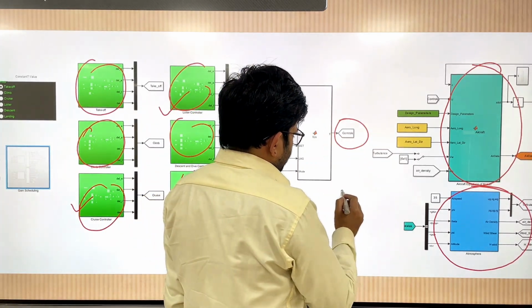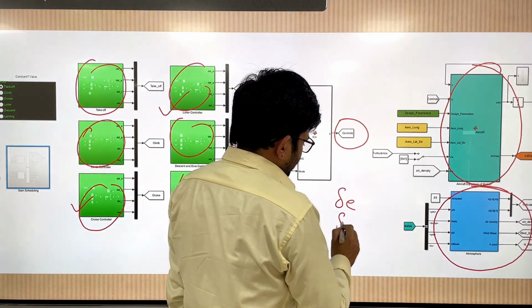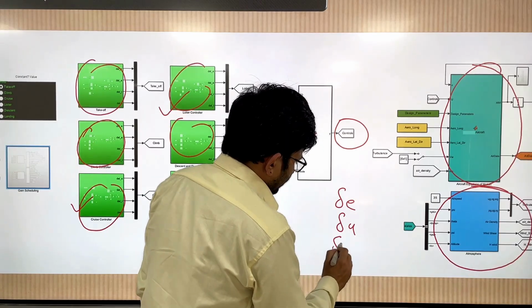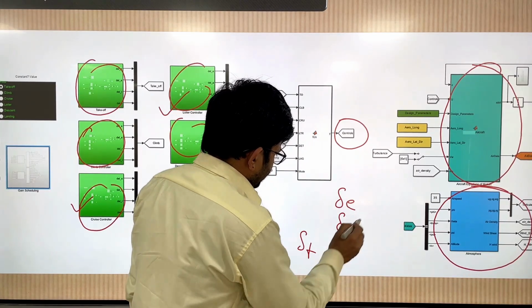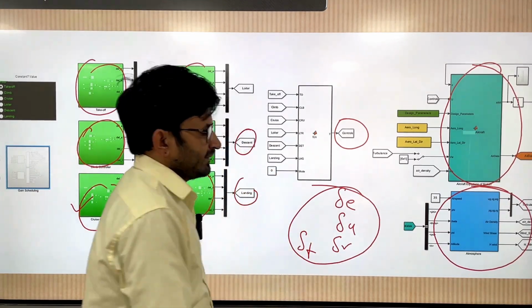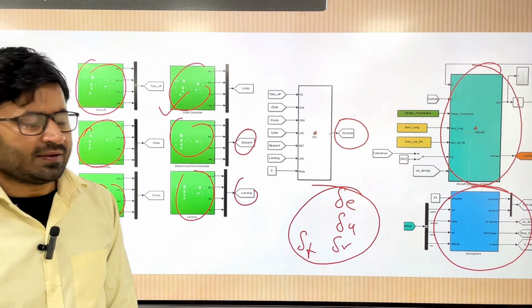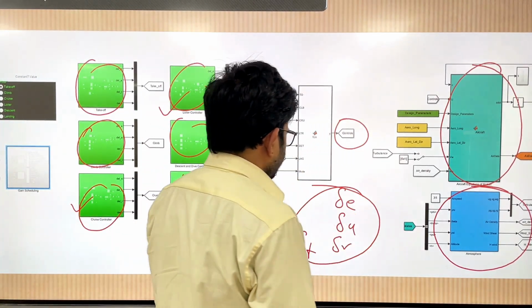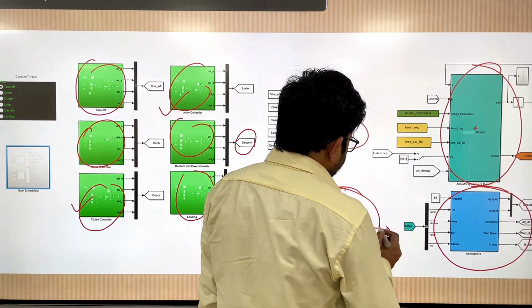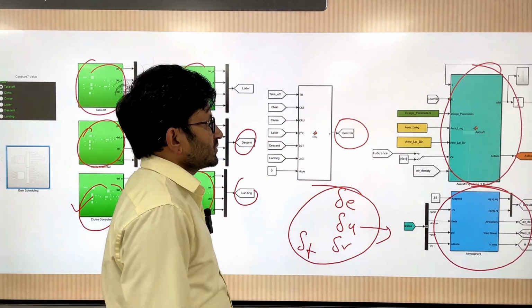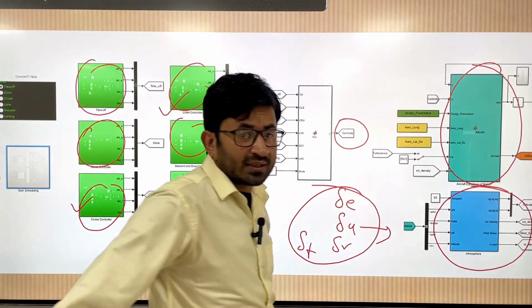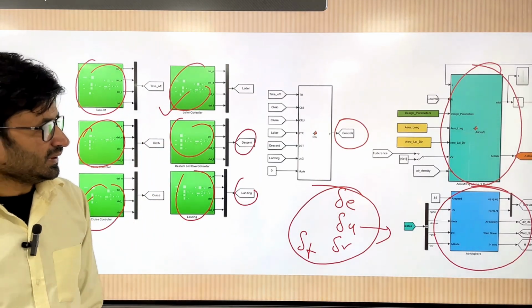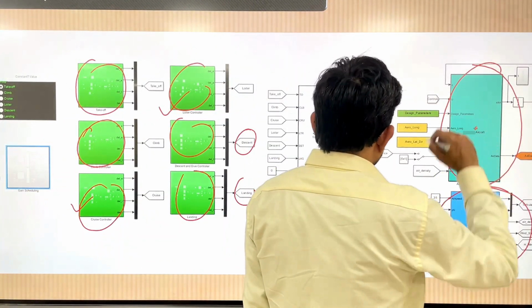This output is nothing but the delta E, delta A, delta R, and delta T. After putting everything, actuator dynamics, physical constraints, you will get the aircraft primary controls. This is going into the aircraft simulation block.